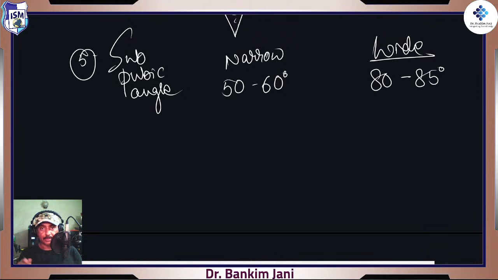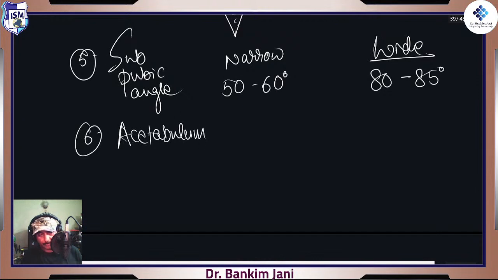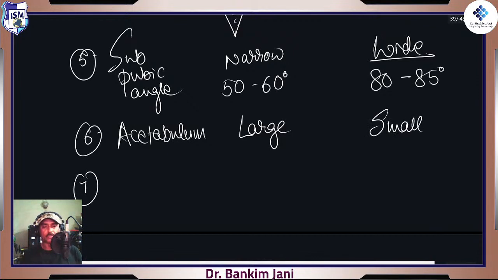Then the acetabulum. It is large in the male because of thicker, bigger, more powerful bones, and relatively small in the female. There is something called the chilotic line. This line is drawn from the iliopubic eminence to the iliac crest.